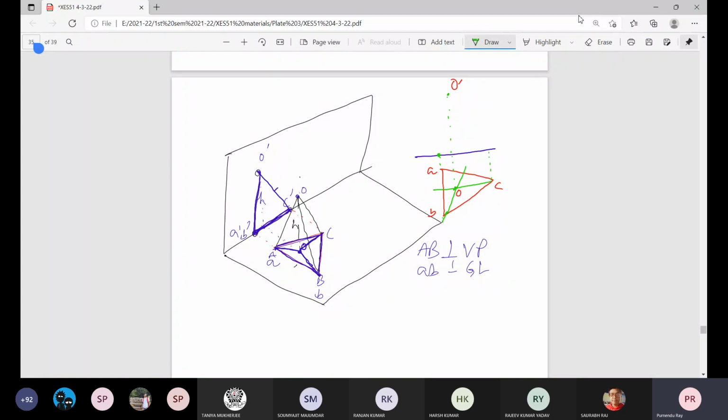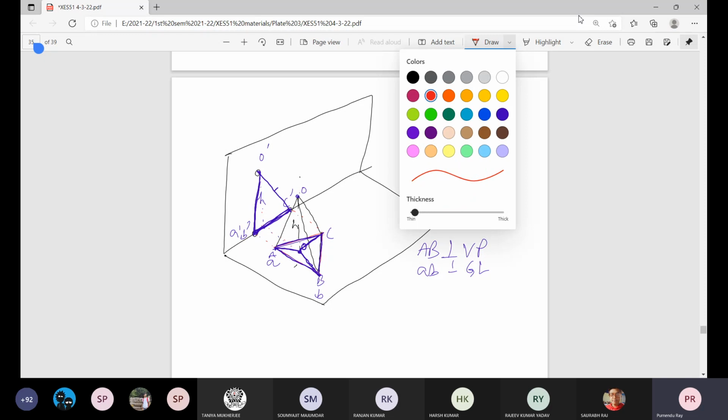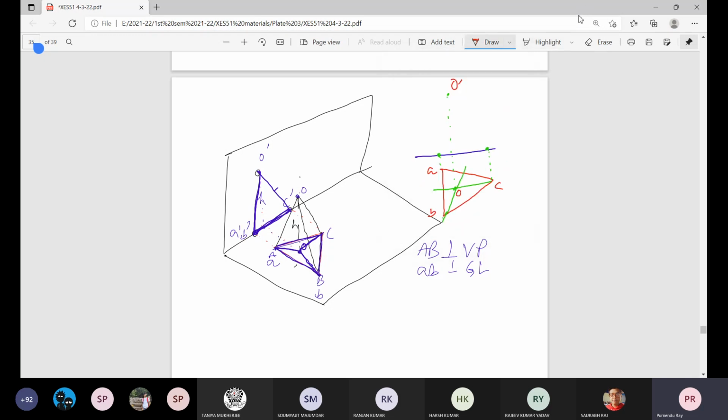For the plan of C, it is here, that is on the ground line because the object is resting on the horizontal plane, that is the floor. Next, draw these 6 lines. AB is the single point represented line. BC is this line.